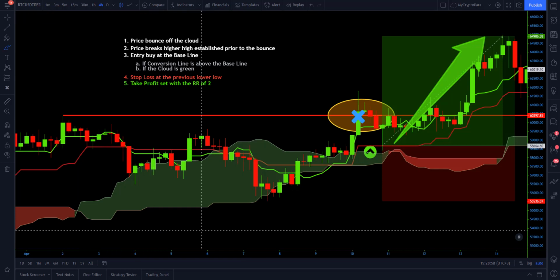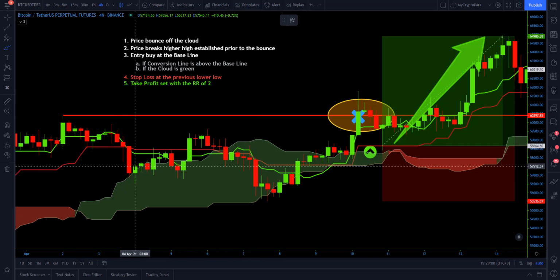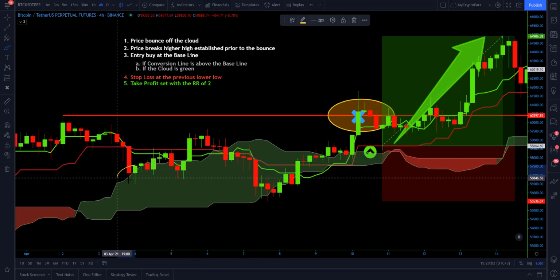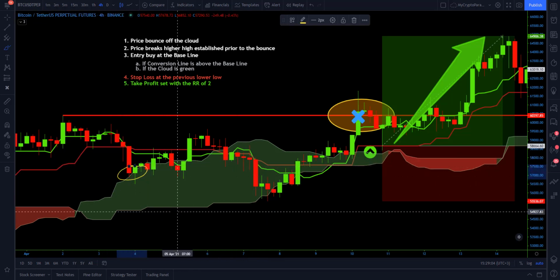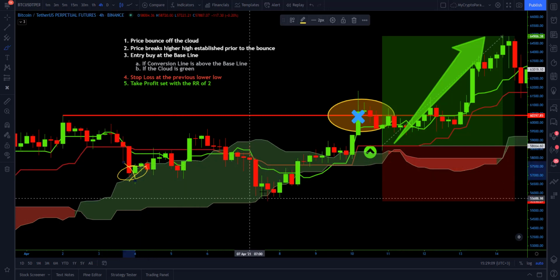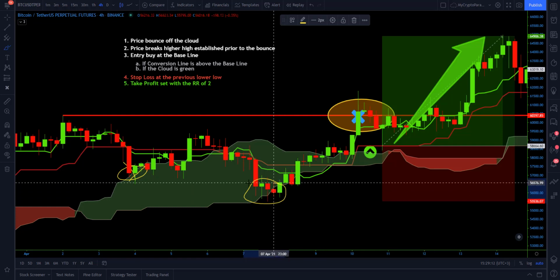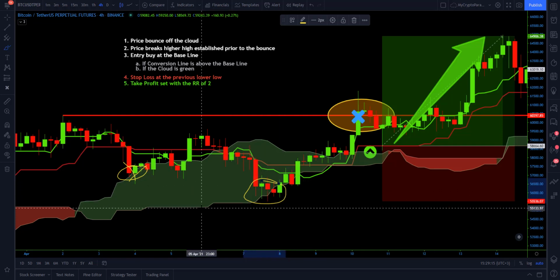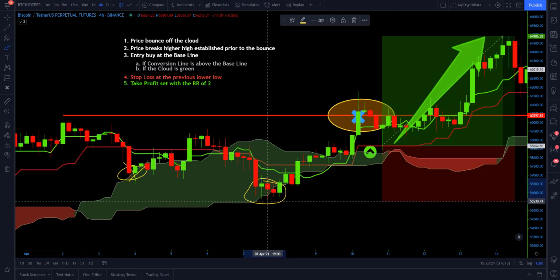What we're looking at is price bouncing off the Ichimoku Cloud. So this is rule number one: the price must bounce off the Ichimoku, like we had right there, or it can bounce off the Ichimoku Cloud itself, within the area of the cloud. The most important thing is that there won't be a closing price below the cloud.